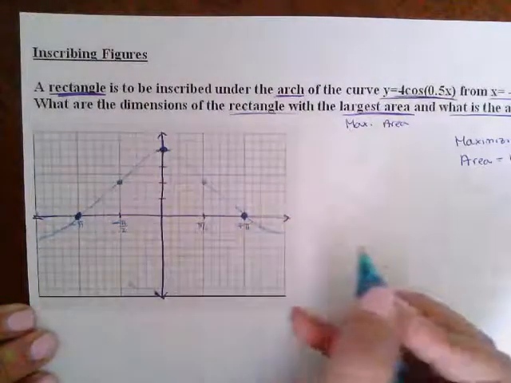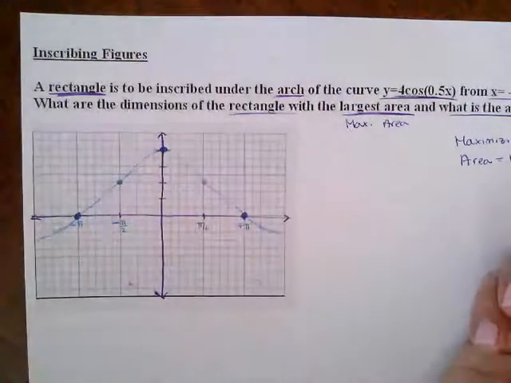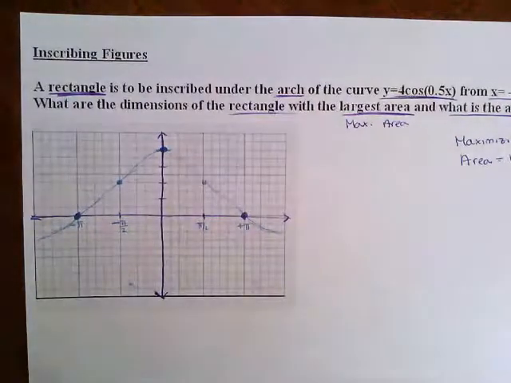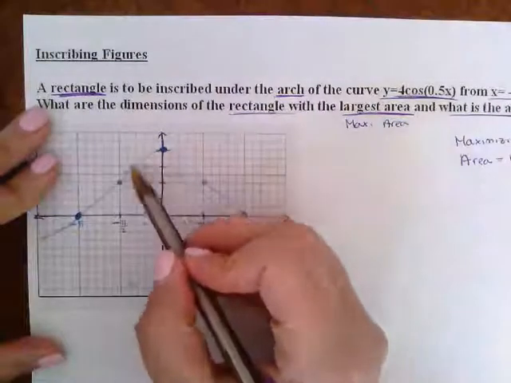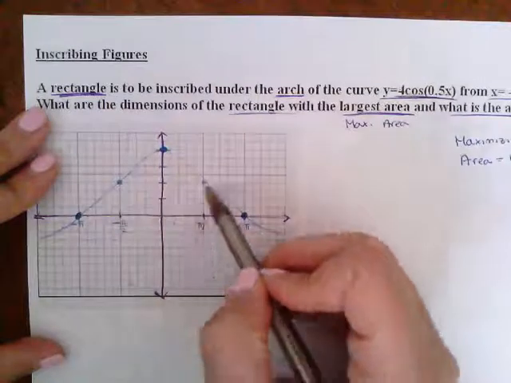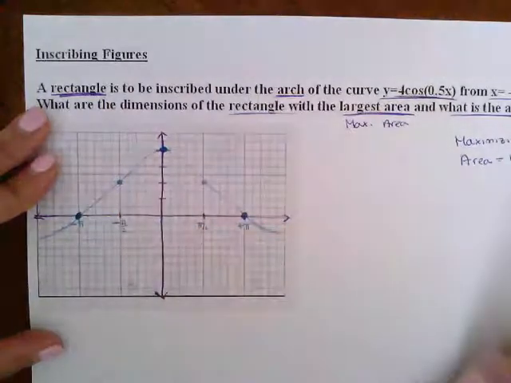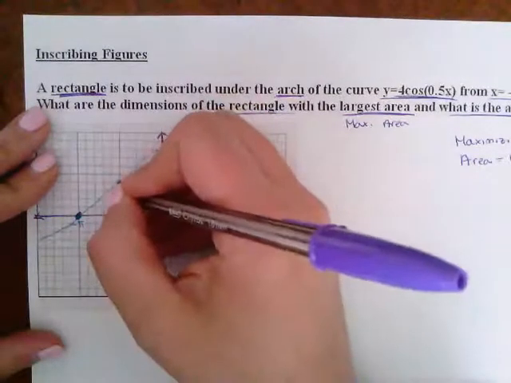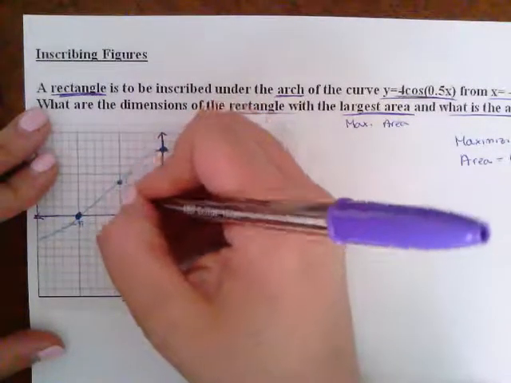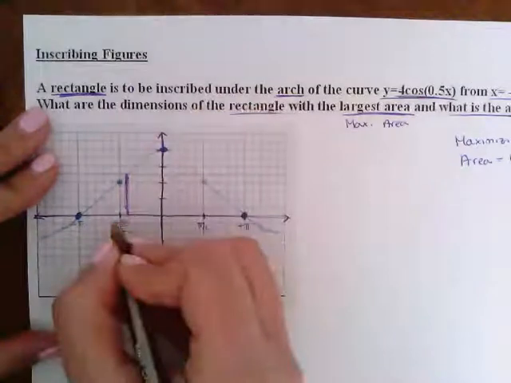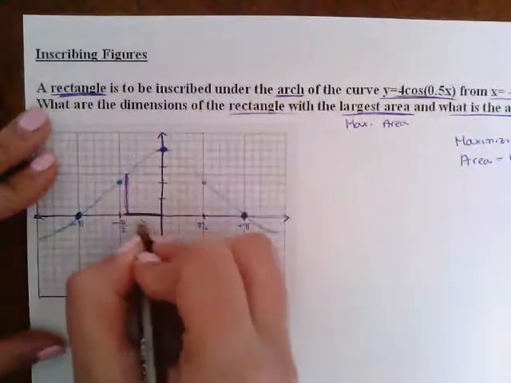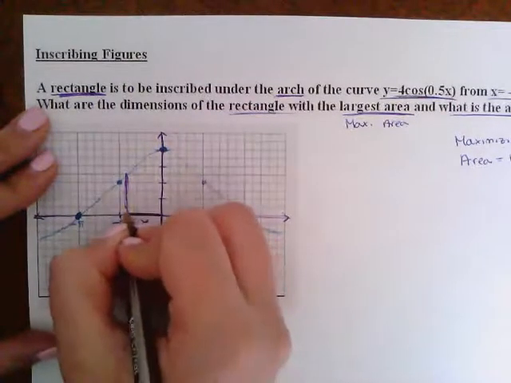Right? And the word inscribing just basically means what is the largest rectangle that I can draw underneath this arch. Okay? So the idea is I don't know what the x value is right here.